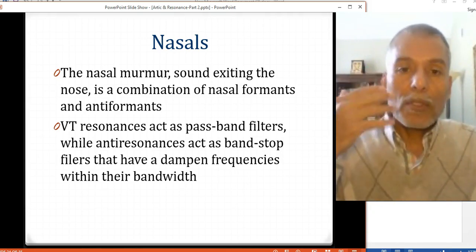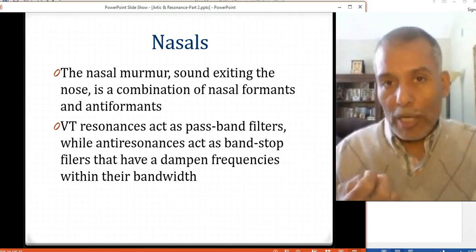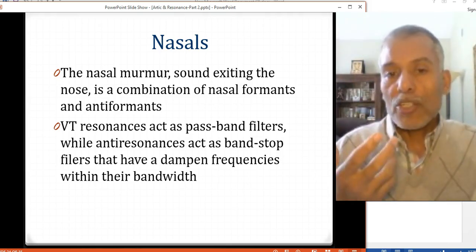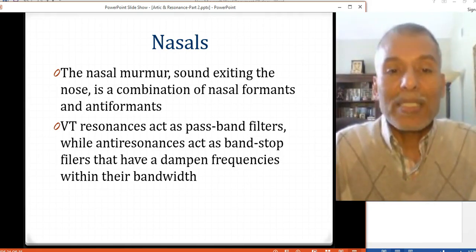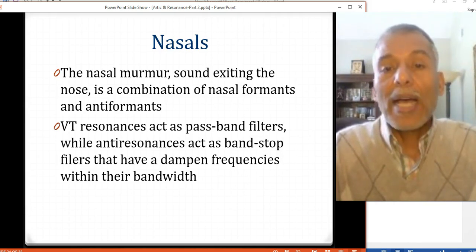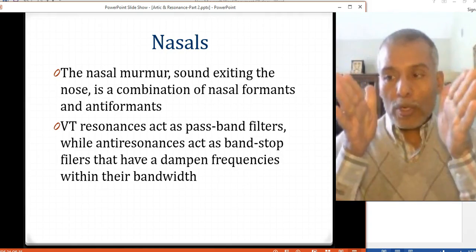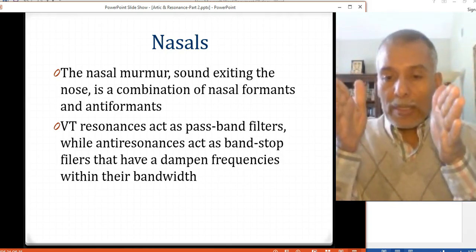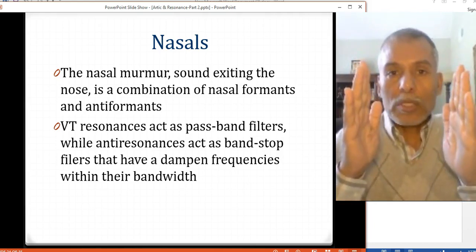And a lot of stuff is going to happen that makes that nasal tone decreased in energy, and that is because of the anti-resonances. So the anti-resonances act as a band stop filter. They work to try to delete the sounds inside of the bandwidth of these sounds.